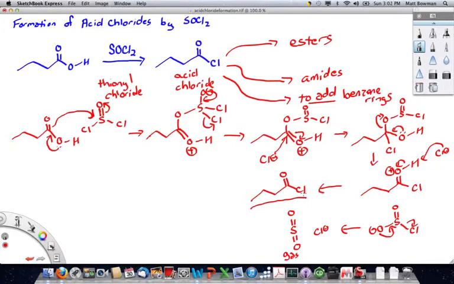Now, probably one of the hardest things to recognize is this first step, on which oxygen is actually attacking the sulfur, whether it's the double bond oxygen or the OH. Well, to kind of compare the two, say the OH attacked the sulfur.